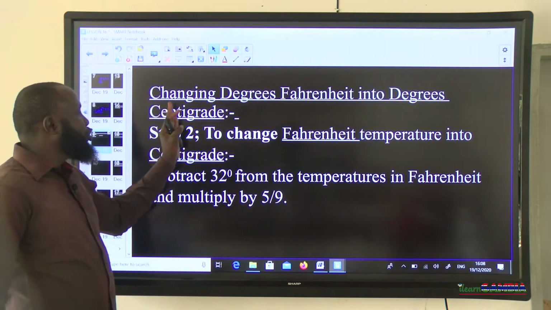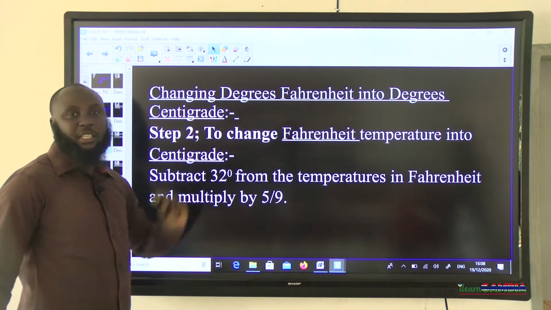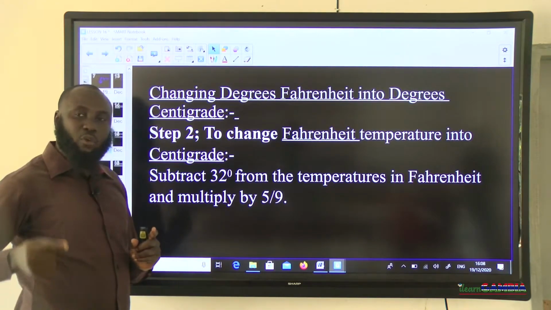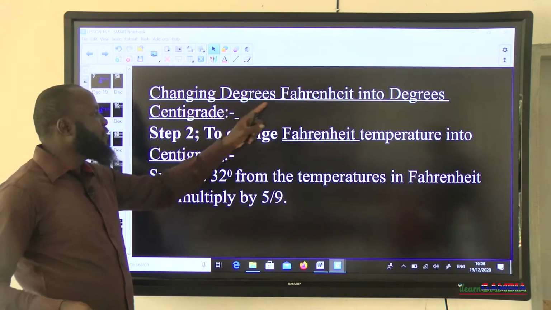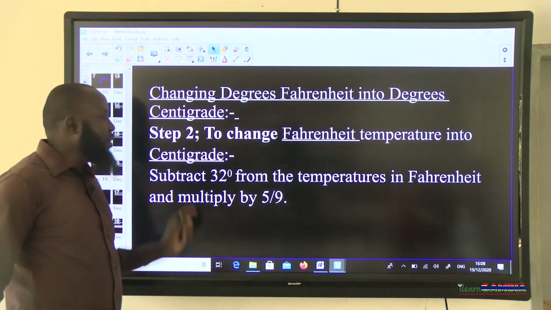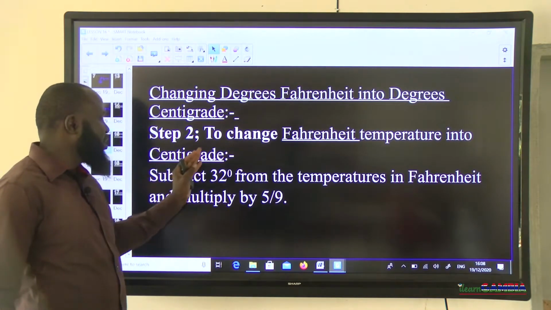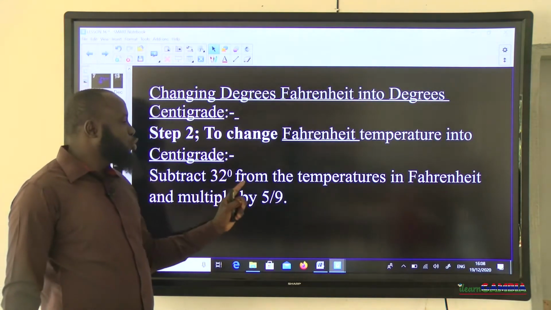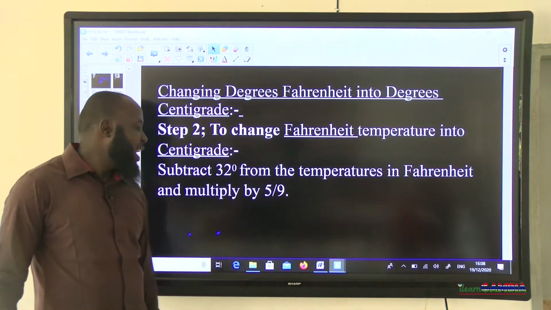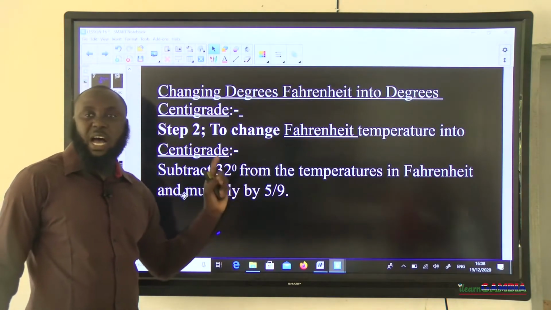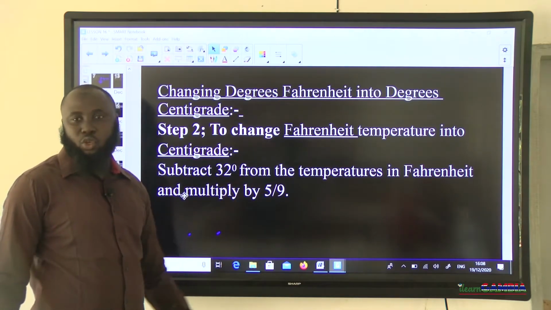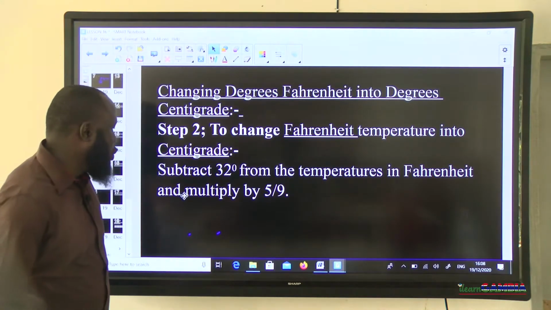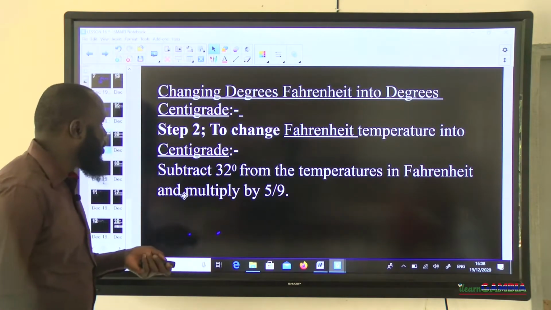Now here, we are to change degrees Fahrenheit into centigrade. Now it's opposite. Before we were changing centigrade to Fahrenheit, but now we are changing Fahrenheit to centigrade. In changing Fahrenheit to centigrade, this is the step that we should take. That is, subtract 32 from the temperature in Fahrenheit and multiply it by 5/9. That means any number that is given to you, you subtract 32 from that and you multiply the answer by 5/9.